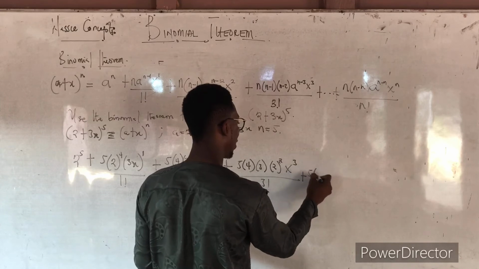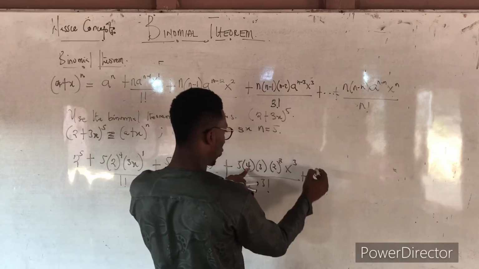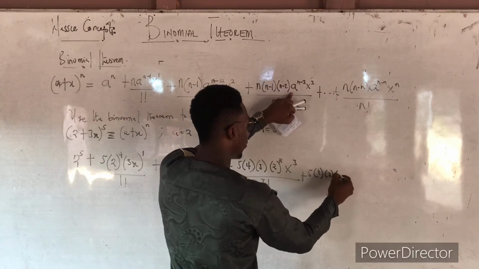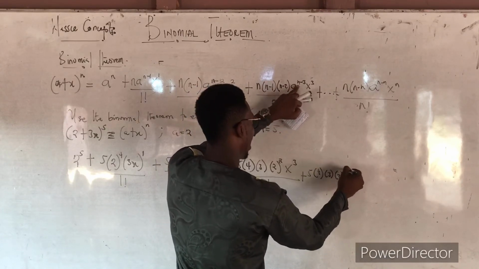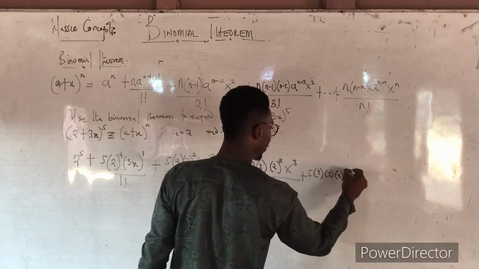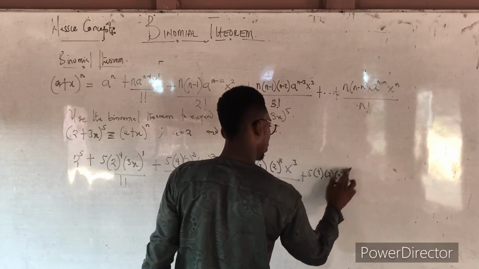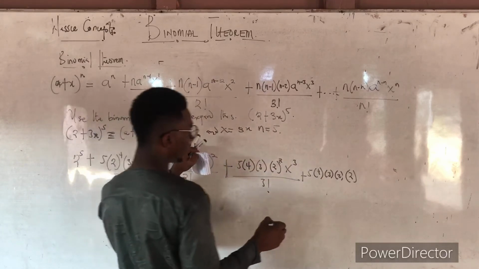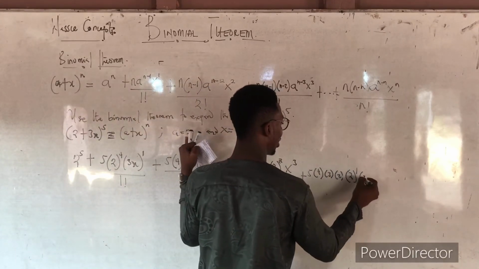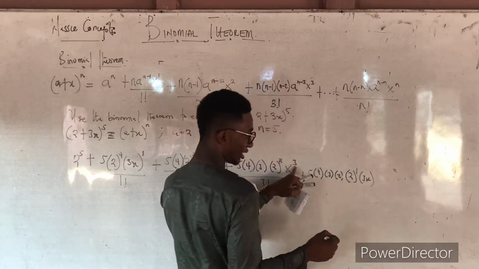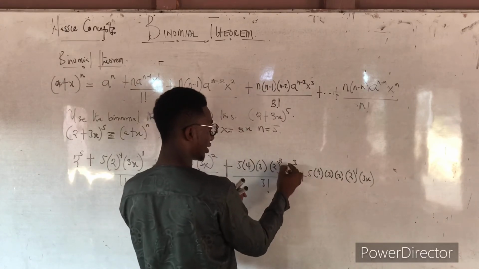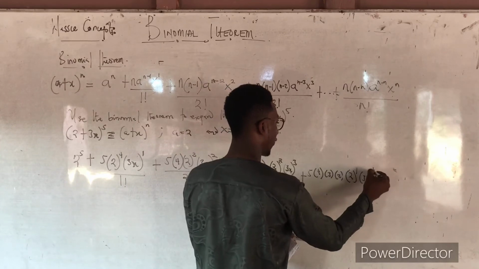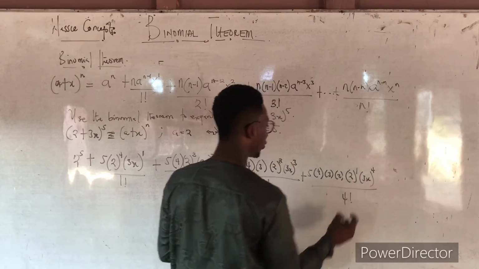So we get 5, also n minus 1, which is 4, n minus 2, which is 3, n minus 3, which becomes 2, a, which becomes exponent n minus 4, that is 1, and 3x exponent 4, because the x is 3x and the power is increasing, divided by 4 factorial.